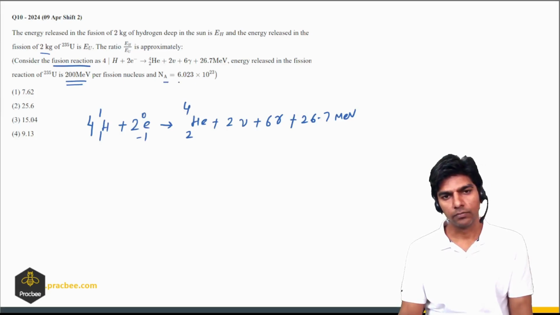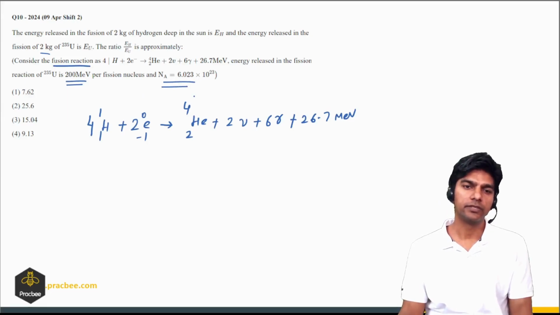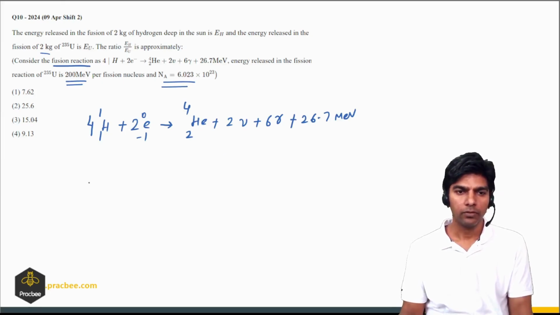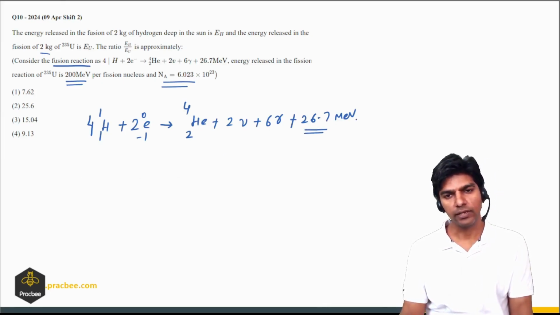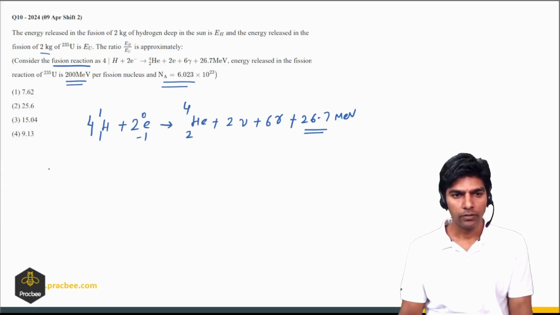and the Avogadro number is given as 6.023 into 10 raised to power 23, right? So what we can say, to produce 26.7 mega electron volt, how many protons are being used? 4 protons, right? So we can say 4 grams will produce how much amount of energy?